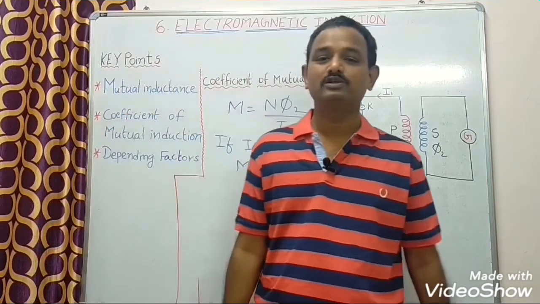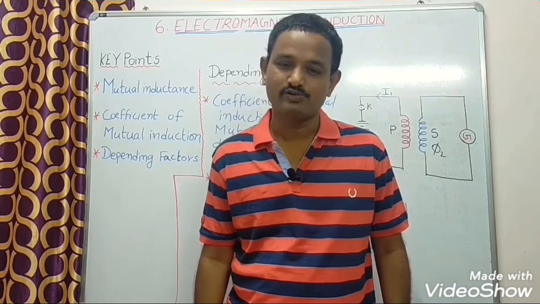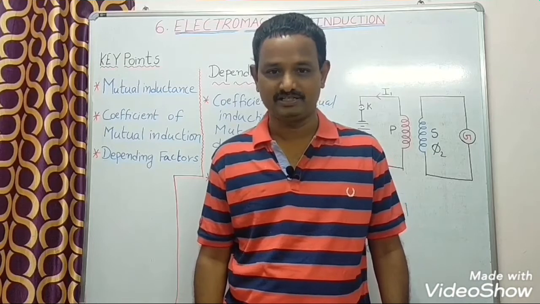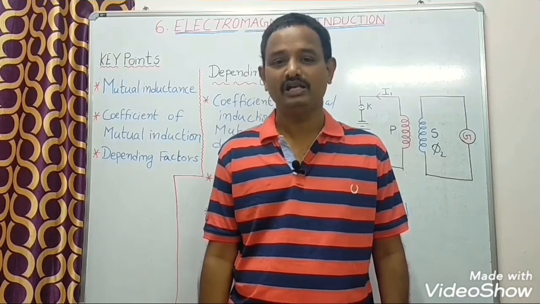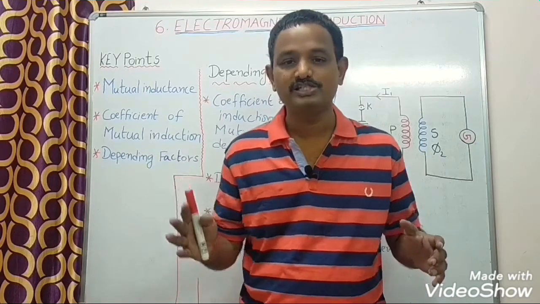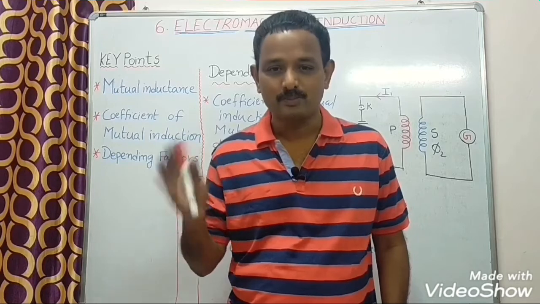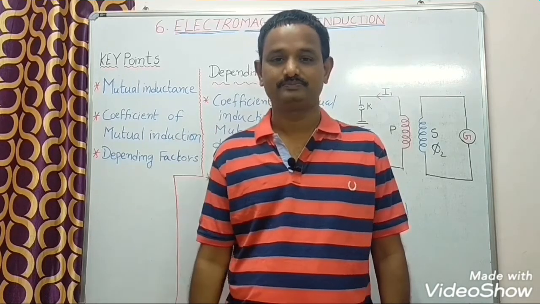Now we will discuss depending factors. On what factors do the coefficient of mutual inductance and mutual inductance depend? They depend upon the geometry of the coil. That means they depend upon size, shape, area of the coil.